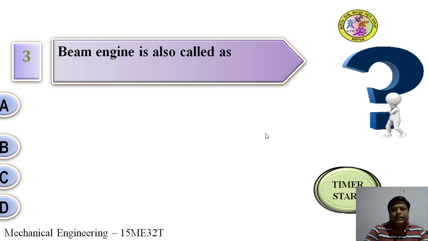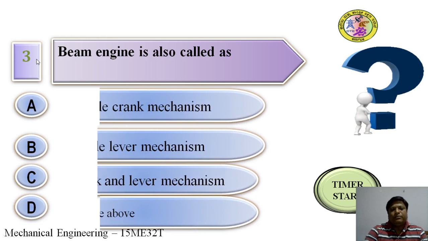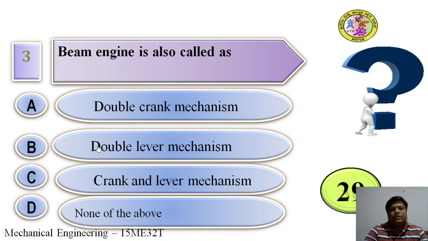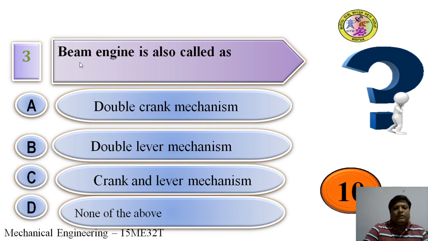Question number 3: a beam engine is also called option A, double crank mechanism; option B, double lever mechanism; option C, crank and lever mechanism; option D, none of the above. We can recall the previous slide. The purpose of the beam engine is to convert rotary motion into reciprocating motion.